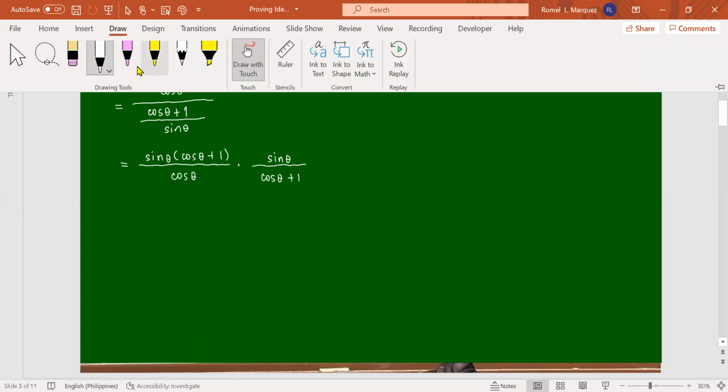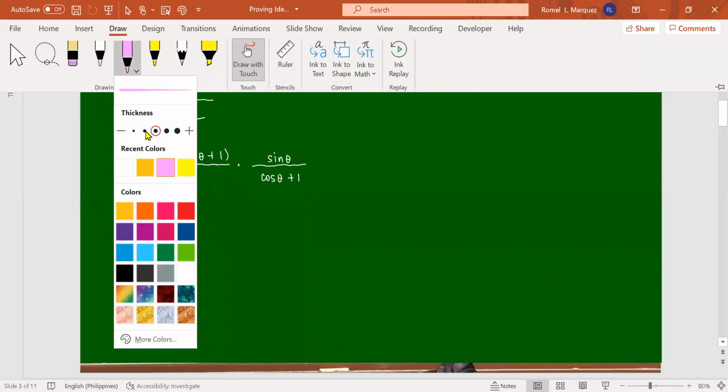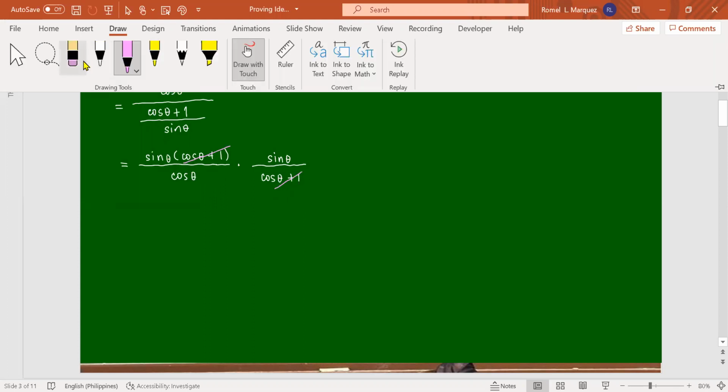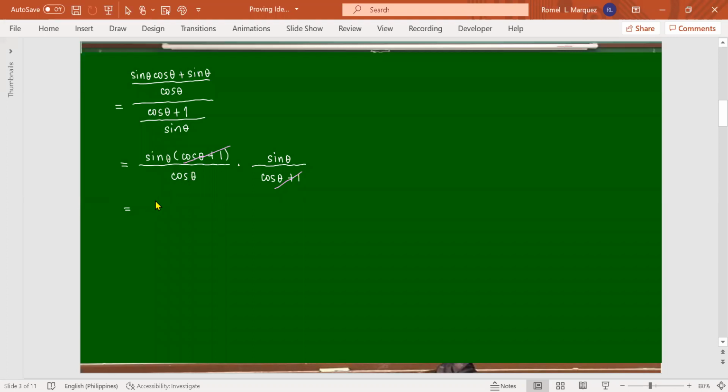So from which we can cancel this out. So cosine theta plus 1, cosine theta plus 1 here. So giving sine squared theta in the numerator and in the denominator, cosine theta.